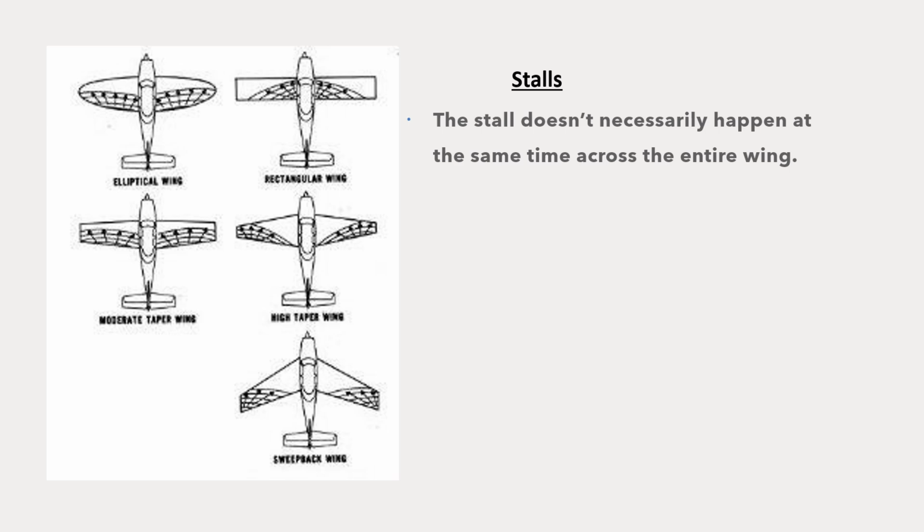Ideally, you want the wingtip area where the ailerons are to be the last to stall, because that keeps your ailerons working well throughout the stall. But in some wing shapes, it doesn't tend to happen that way.